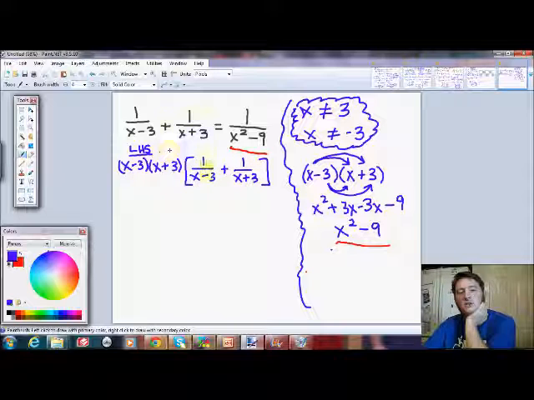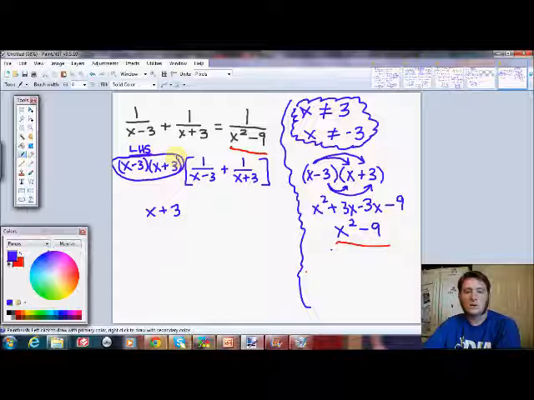And so when we distribute here, the x minus 3's cancel. And we would just have x plus 3 times 1, which is x plus 3. Likewise, when we distribute these two pieces, well, the x plus 3's cancel now, and so you'd have x minus 3 times 1, which is just x minus 3.